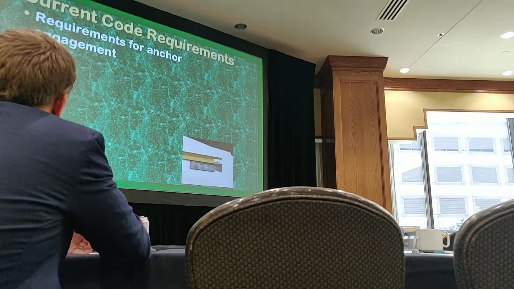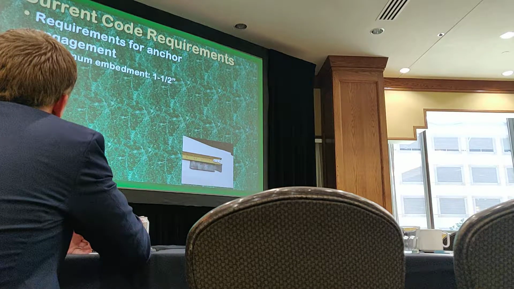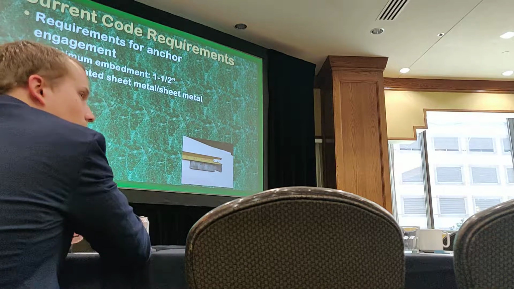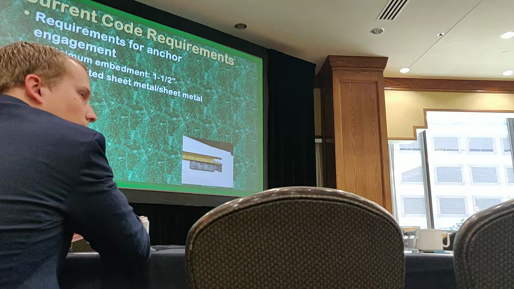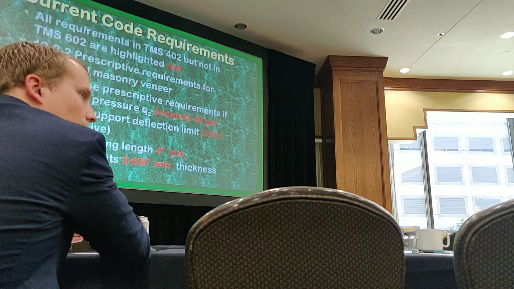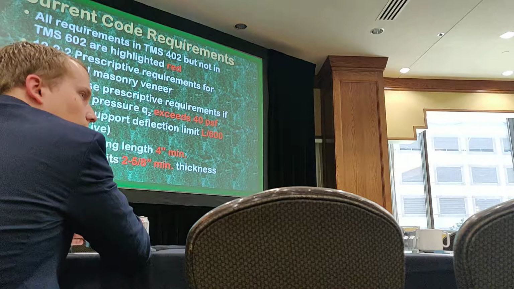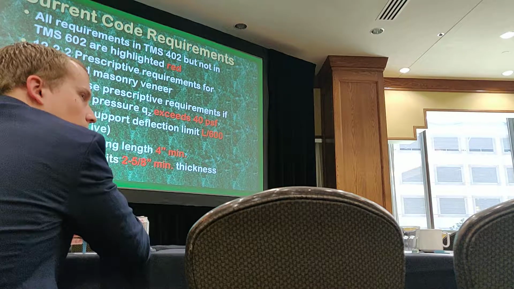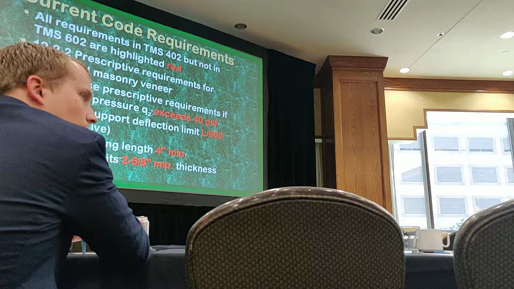Now, starting from the outside in, anchor engagement. Hey, I got a question. Yeah. If you go back one slide, your veneer support deflection limit of L over 600 for your vertical, you're talking vertical load there, right? Correct. What is your limit for wind horizontal?